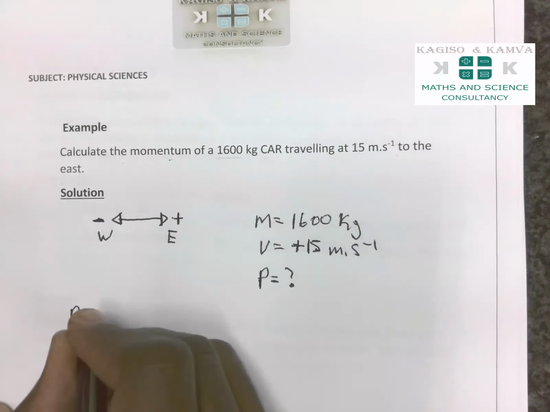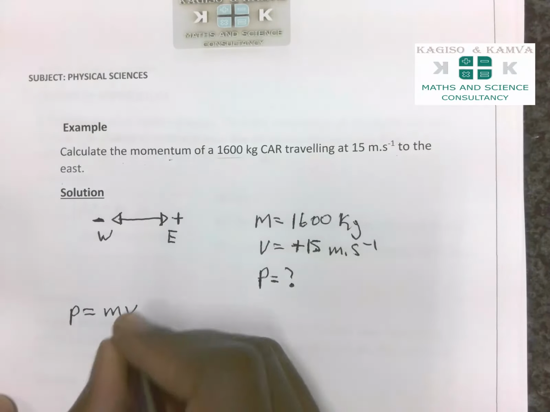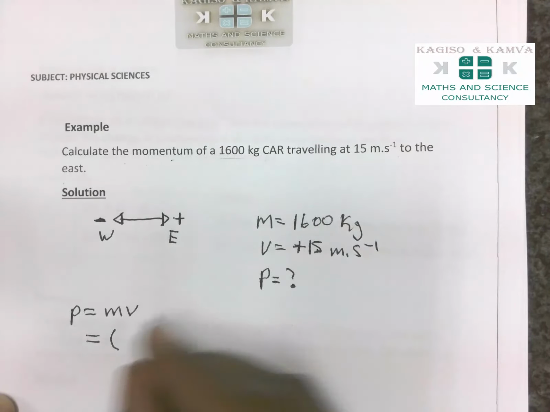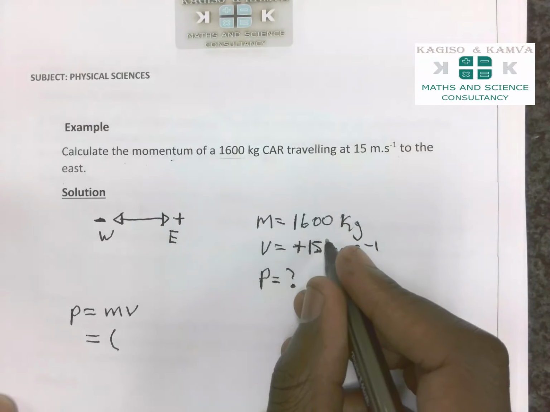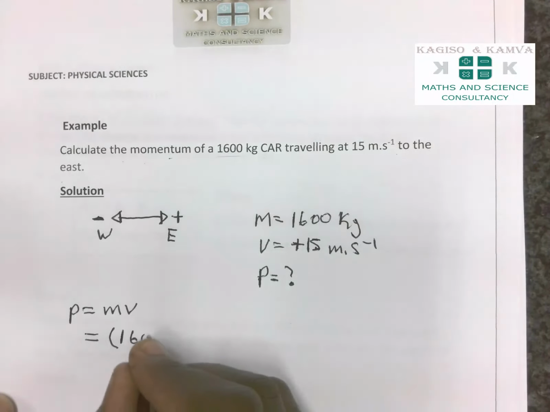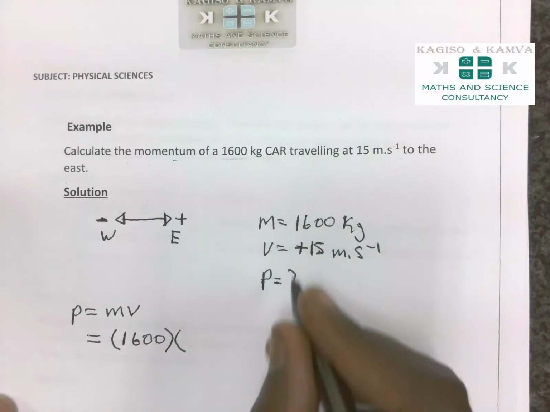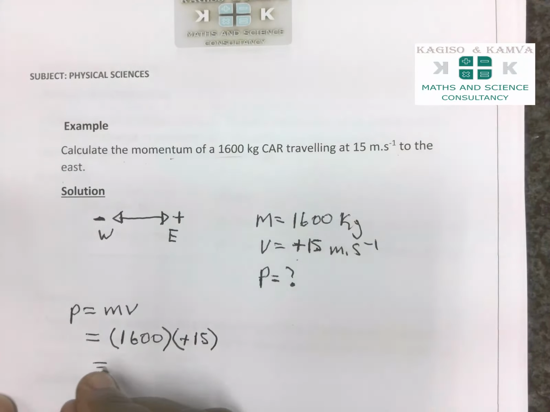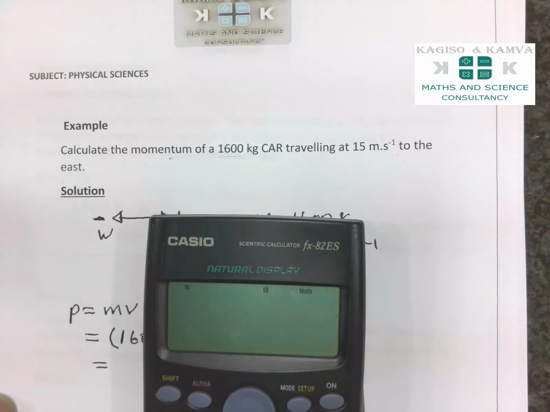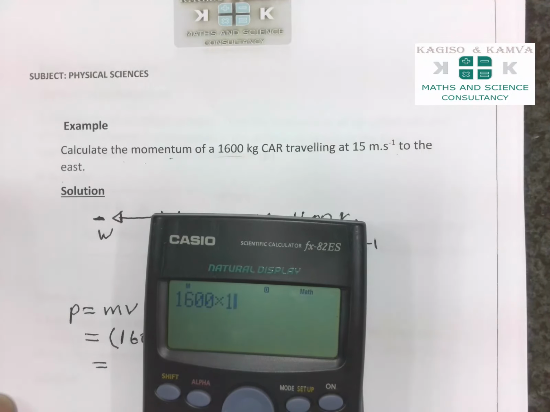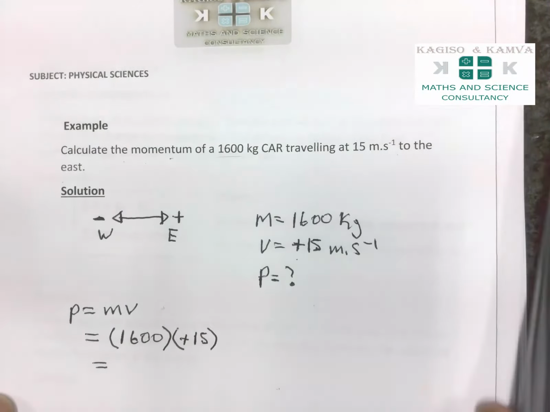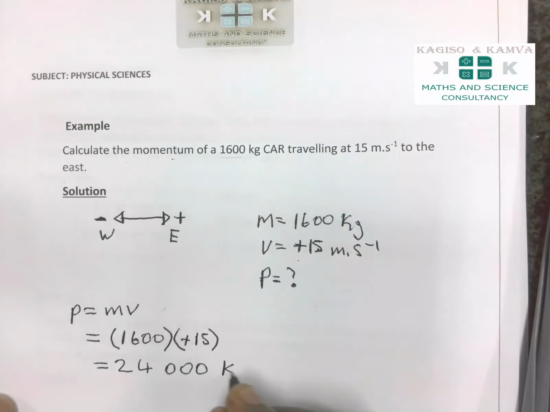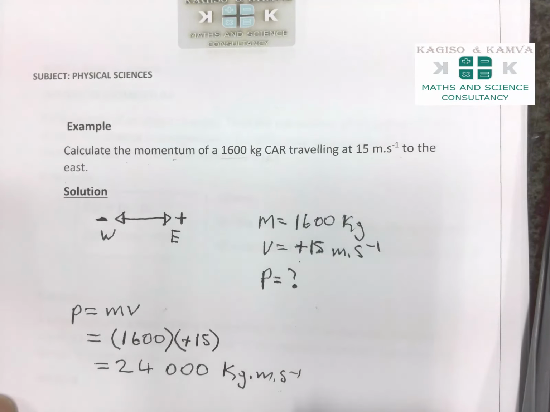So we are going to use our formula for momentum to calculate the momentum. P is equal to mv. M is 1600 kg, multiplied by positive 15. 1600 multiplied by 15 is 24,000, so that will be 24,000 kg meter per second.